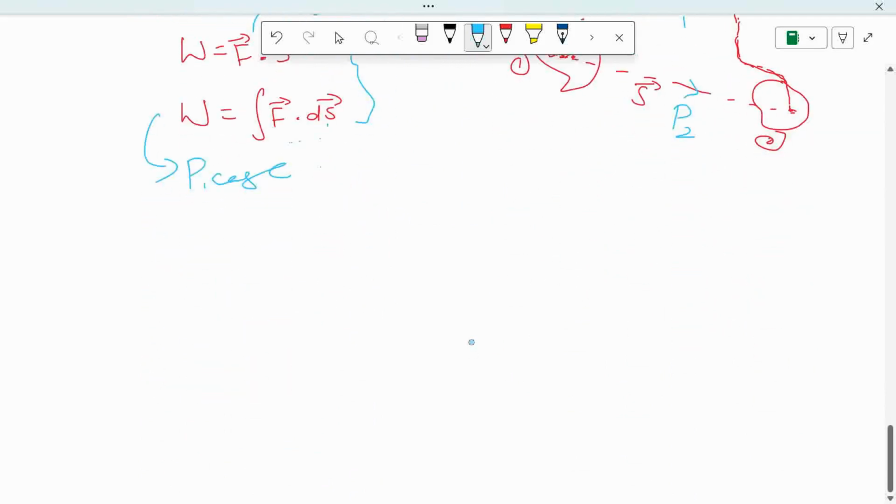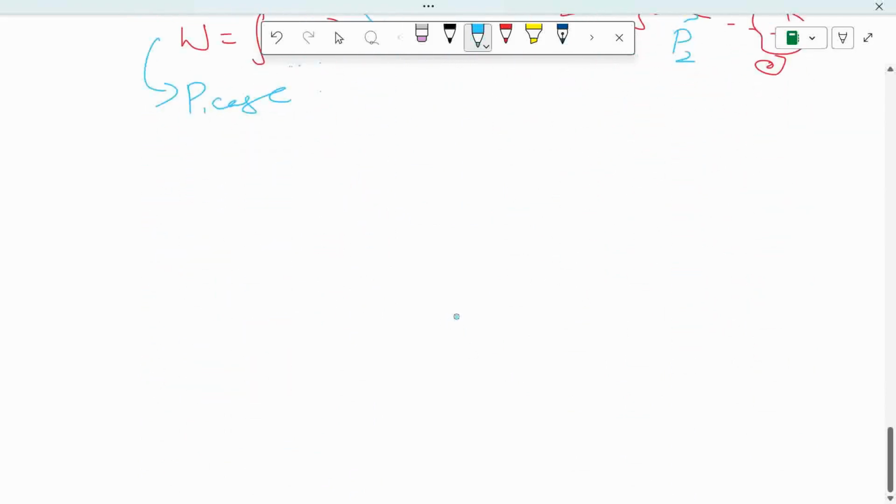Now, similarly, I can also give another example. Let's take a surface. The area of this is A, and its normal direction is n cap.